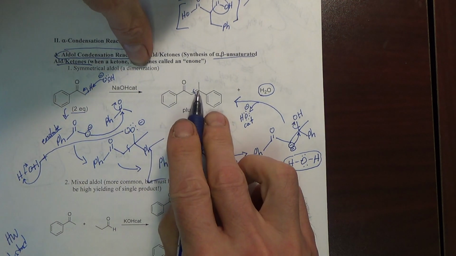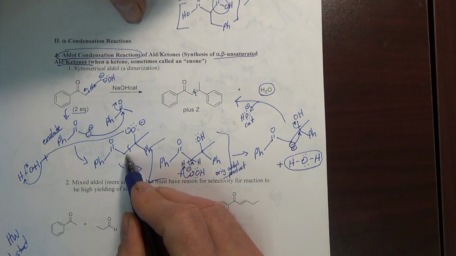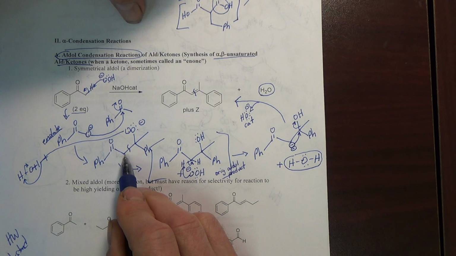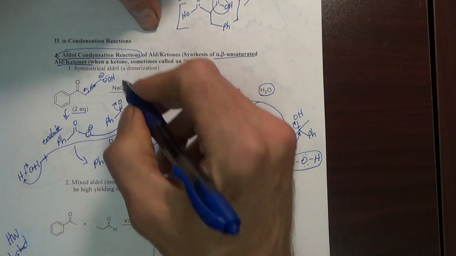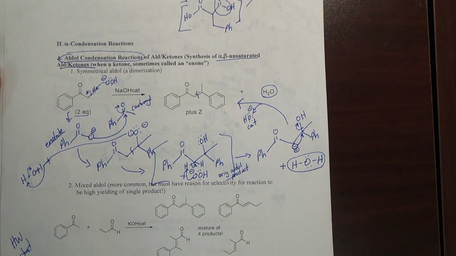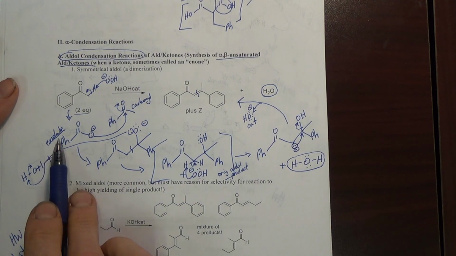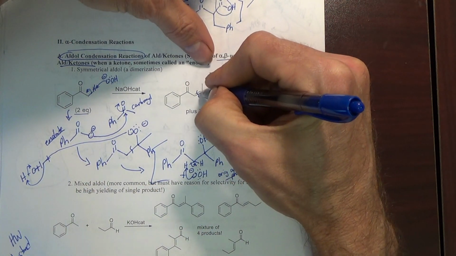And the other carbon of the alkene was originally, right here, 1 was the enolate, the other carbon was originally carbonyl. An enolate reacts with a carbonyl. That's how you get this alkene.